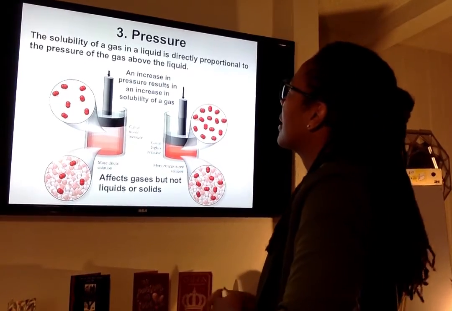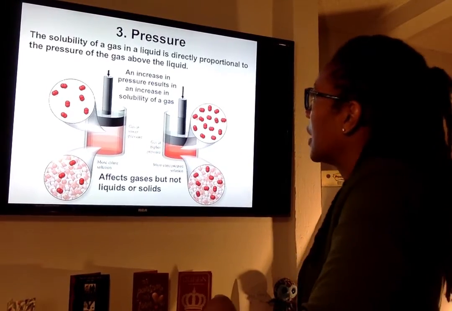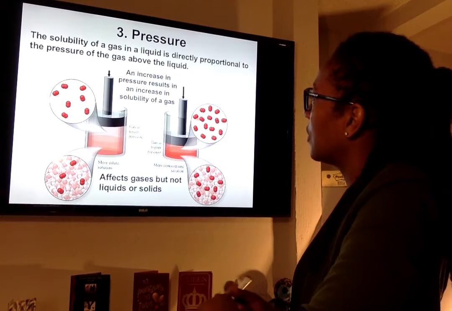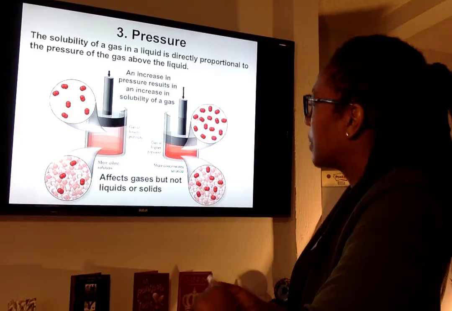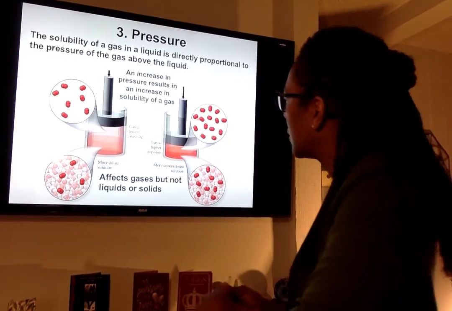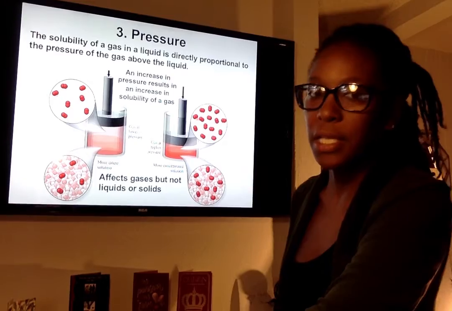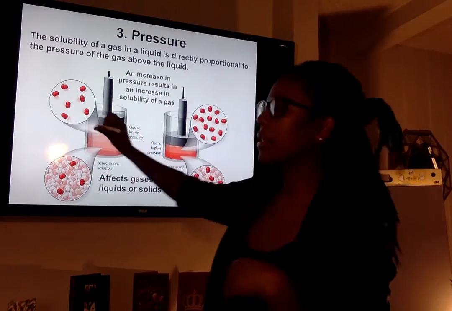So the solubility of the gas in the liquid is directly proportional to the pressure of the gas above the liquid. An increase in the pressure results in an increase of solubility of the gas. It affects gases, but not liquids or solids. The pressure here is dealing with the gas. Gases are all spread out.